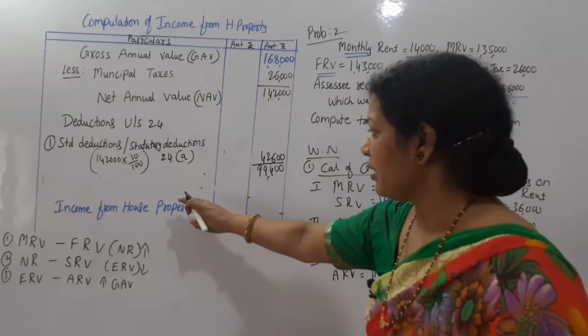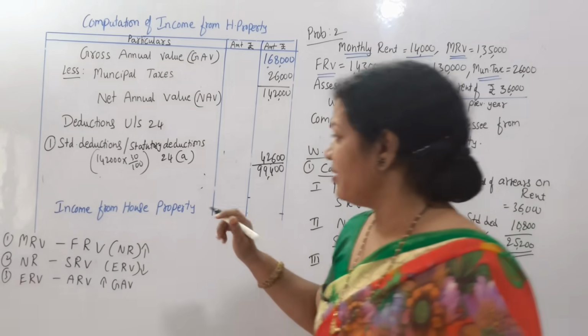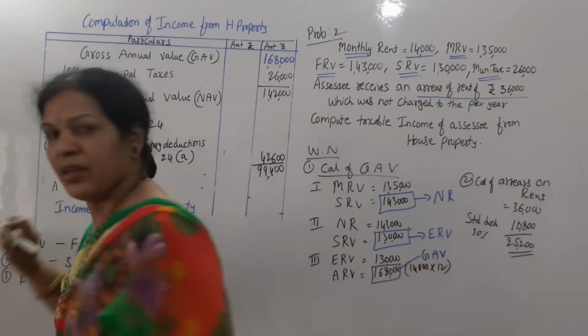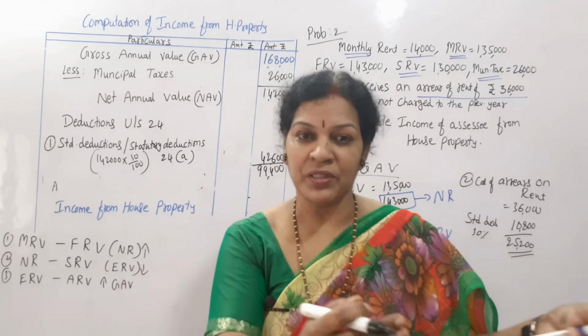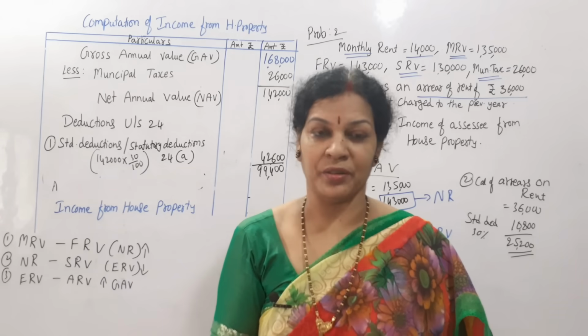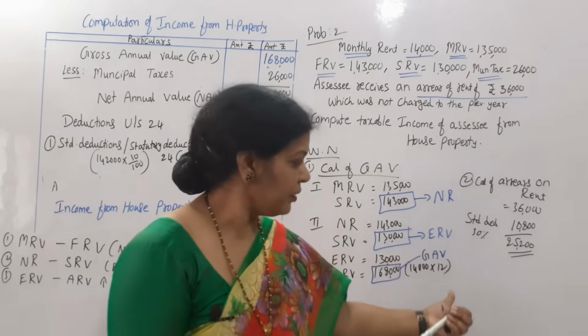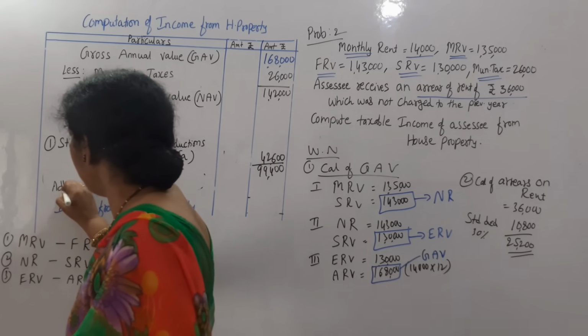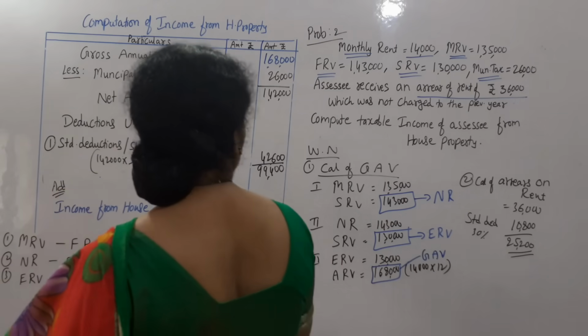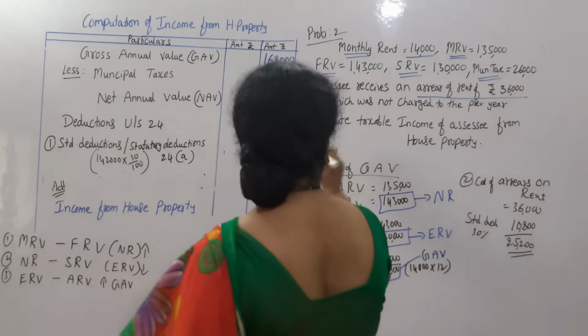Arrears of earlier rent, add. This was not added in the previous year. Now we are getting it. We are adding it now. But how are we adding? After deduction of 30%. Okay. Add arrears. What is this? Arrear of rent.